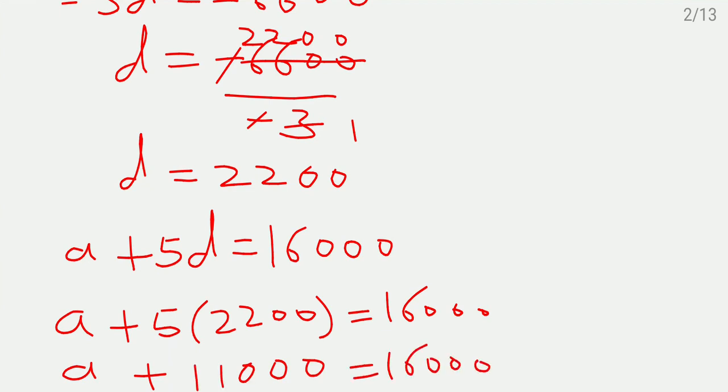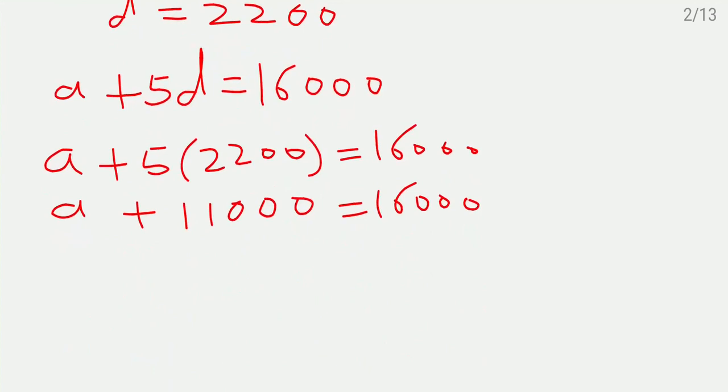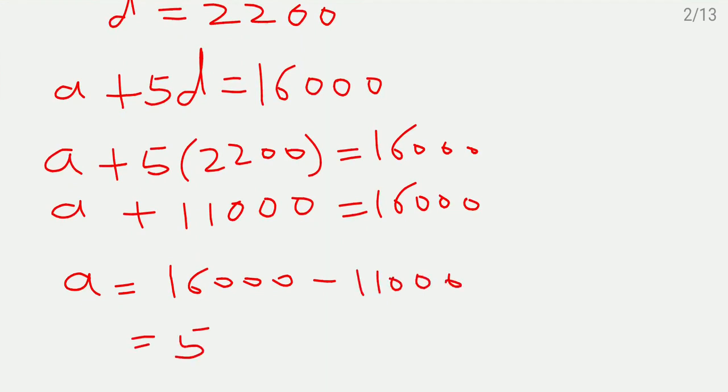So obviously the value of A comes as 5,000, because 16,000 minus 11,000. So the first term, the production in the first year, is 5,000 sets.